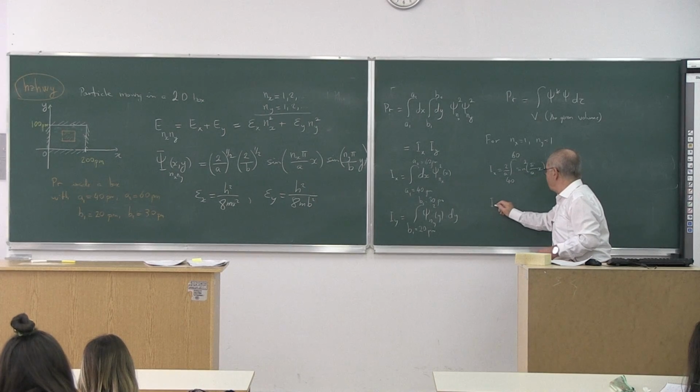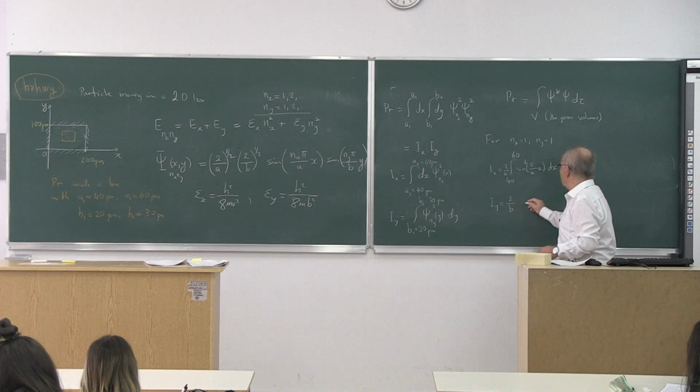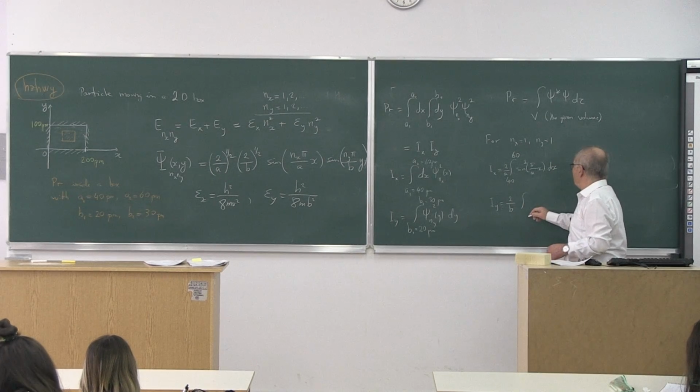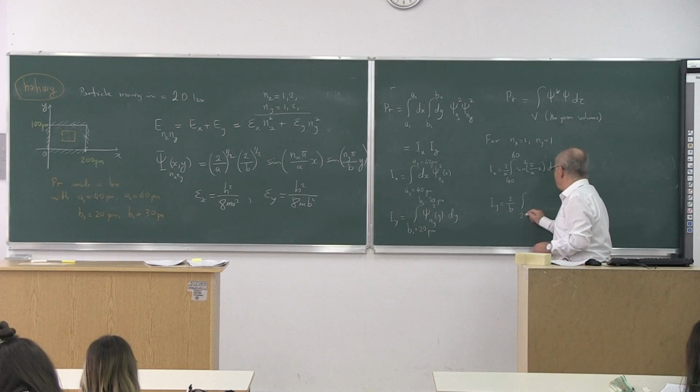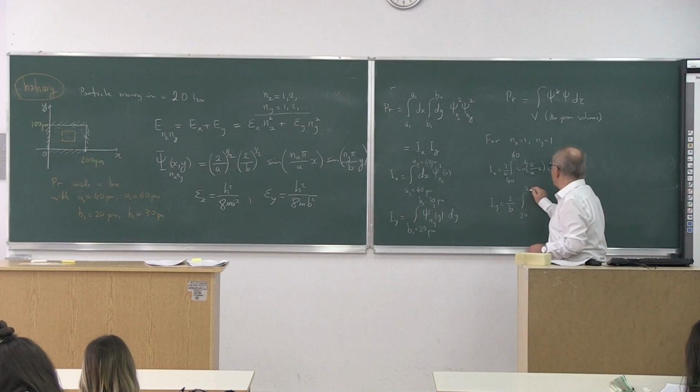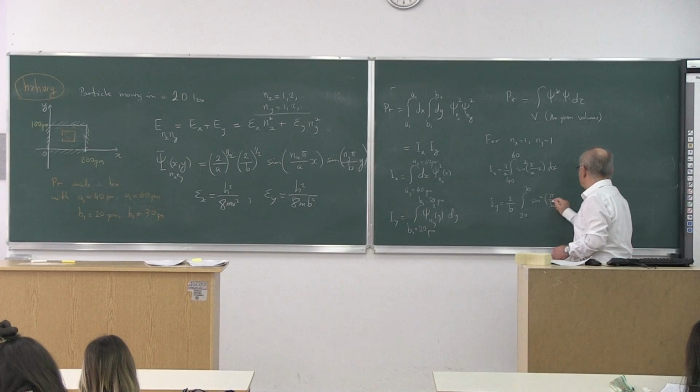And for y, it is 2 over b from 20 to 30 sine squared of pi over b y dy.